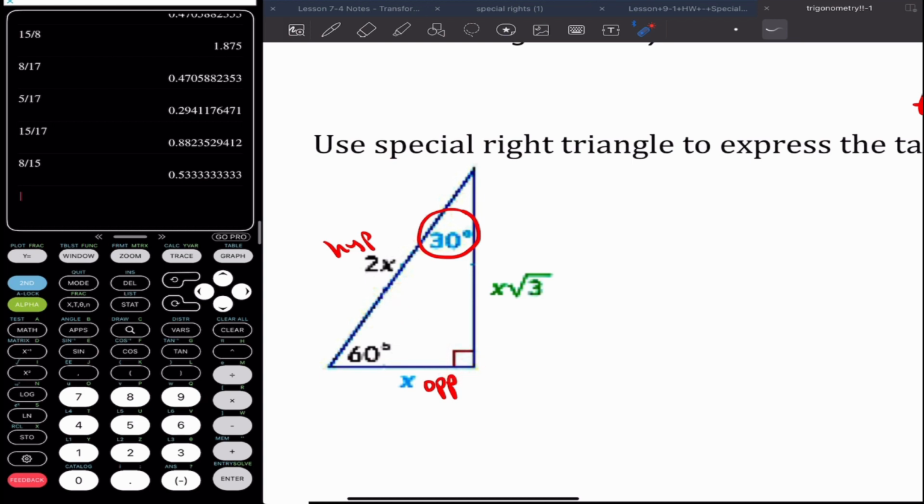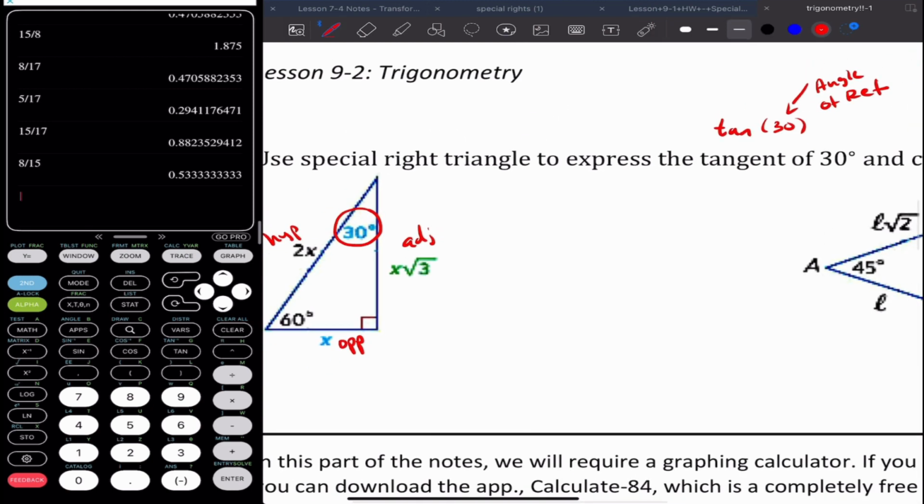And then lastly, this side here is adjacent because the 30 degrees is next to this side, therefore it's adjacent. So if I'm talking about tangent of 30, let me write SOHCAHTOA up on my paper, just right here.